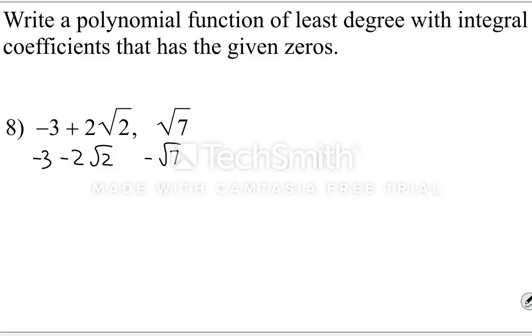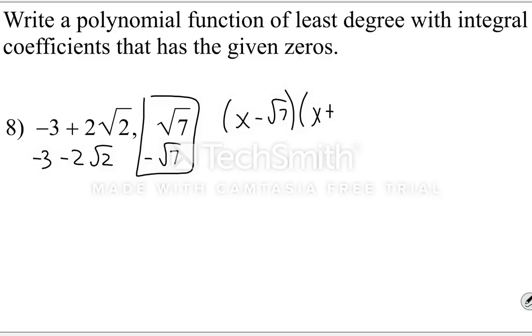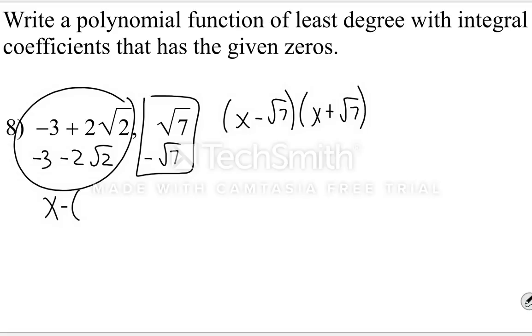So I'll put the root 7s in parentheses first because those are a little easier. That's x minus root 7 and then x plus root 7. Okay? The tricky part is going to be here. So remember, I get x minus, and then I have a negative 3 plus 2 root 2.